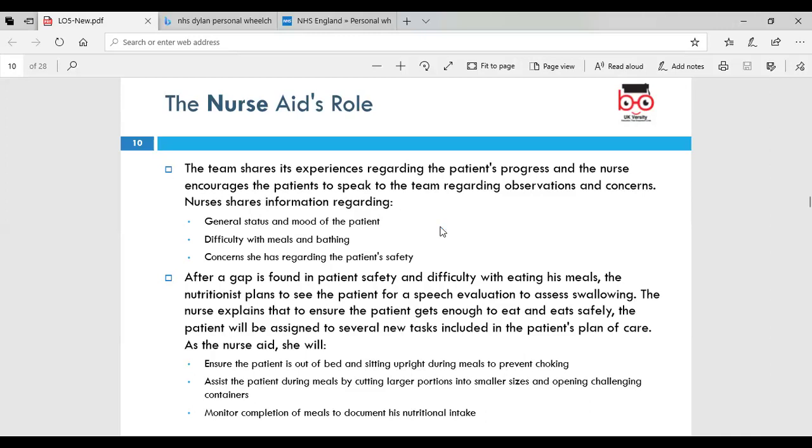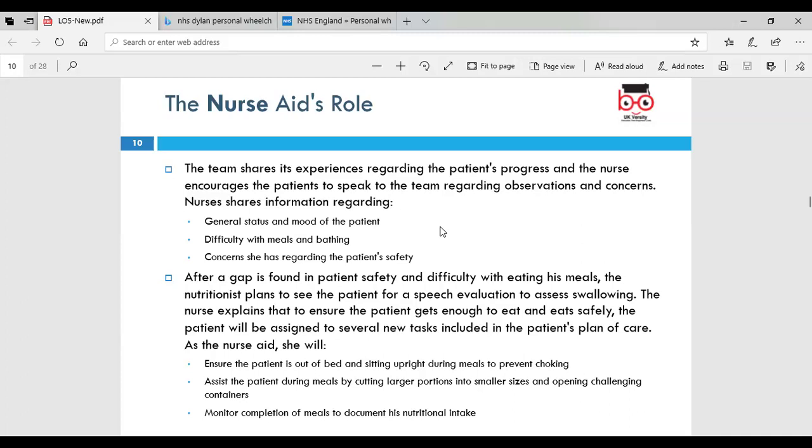After a gap was found in patient safety and difficulty with eating meals, the nutritionist plans to see if the patient needs a speech evaluation for a problem with swallowing. So the nurse explains that to ensure the patient gets enough to eat and eats safely, the patient will be assigned several new tasks included in the patient's plan of care.